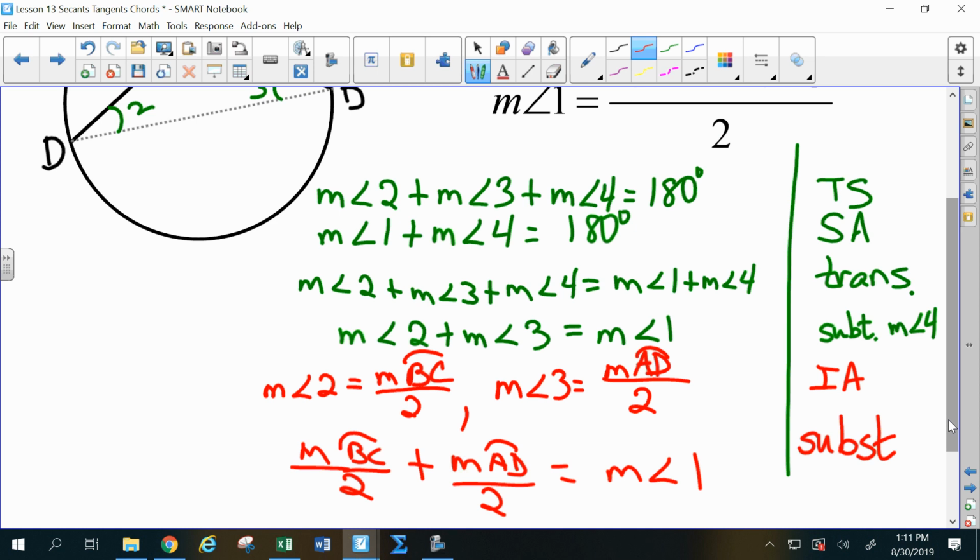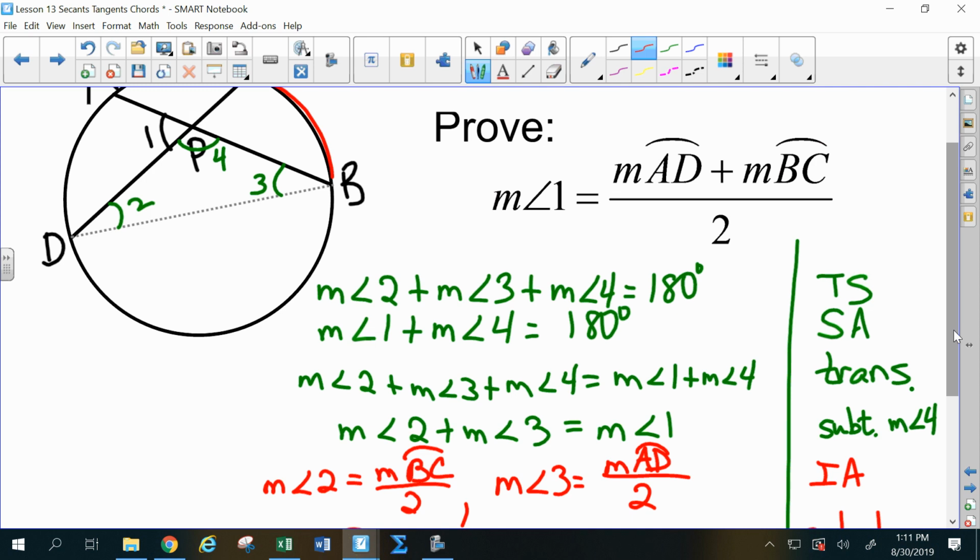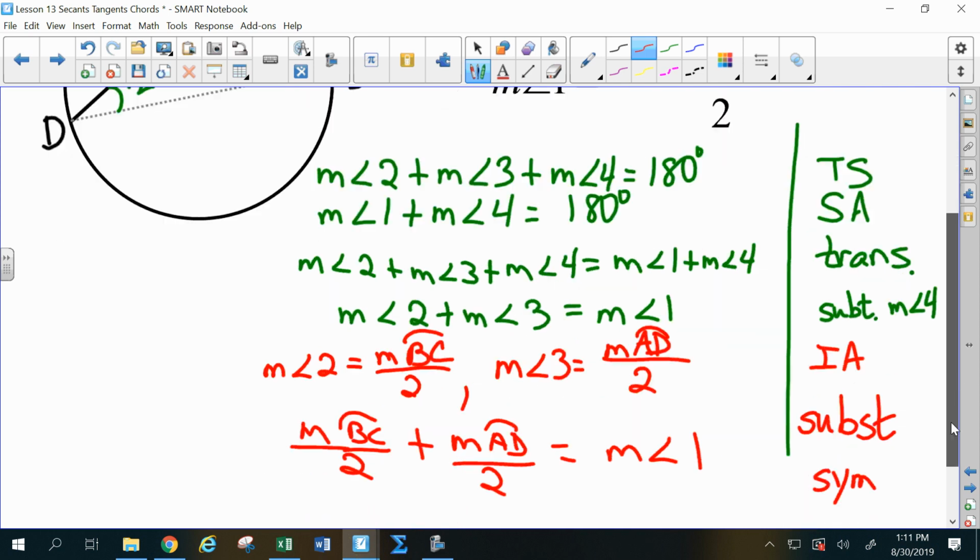So if I put measure of angle 1 on the left, everything else on the right, that'll be my symmetric property. If I get my common denominator, and if I use the commutative property so that I can write AD before BC, I think I will have this.